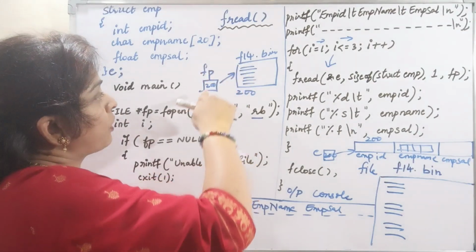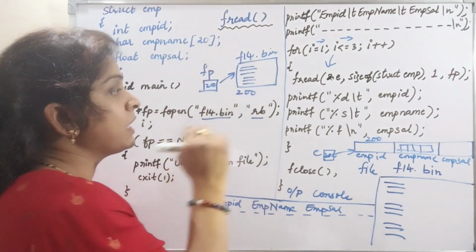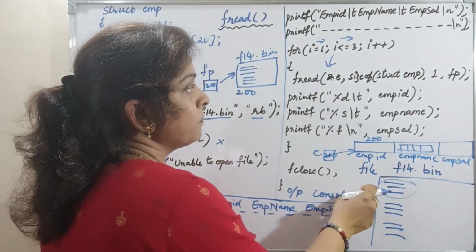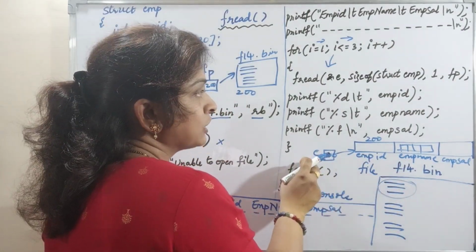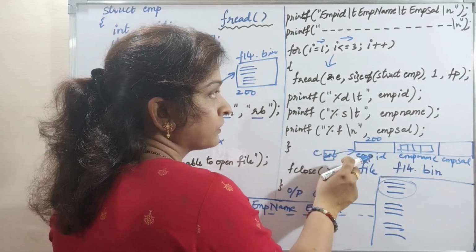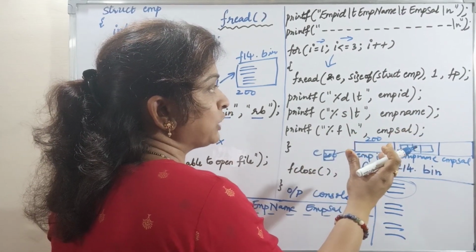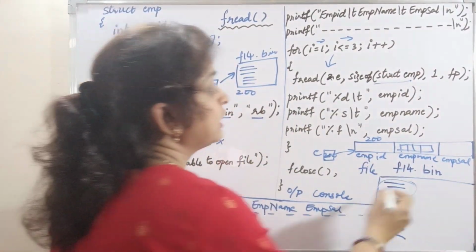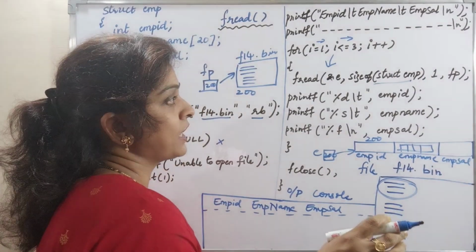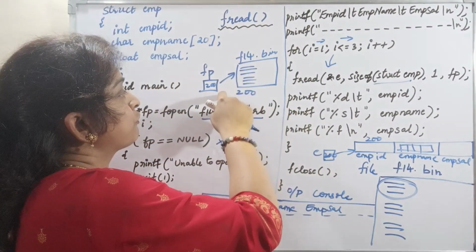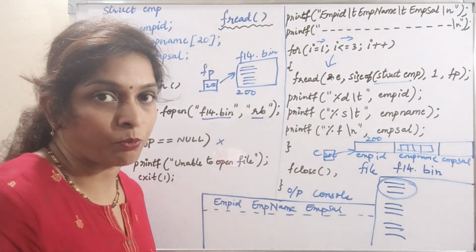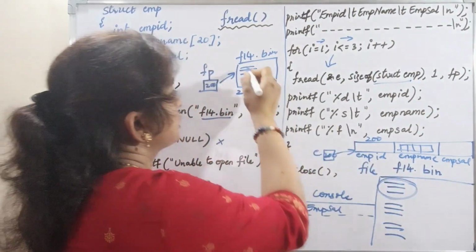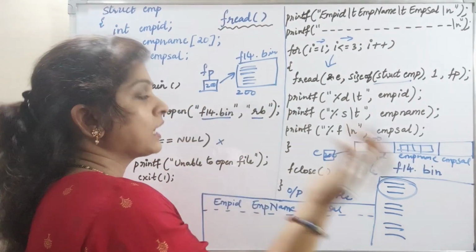So from the file pointed to by the file pointer fp, I need to read a complete block of data, and store that to the address pointed to by E, and total data that I need to collect is given by this sizeof operator, sizeof struct emp will give this total data I need to extract, that is one block of data from the file pointed to by file pointer. Hope you have understood this. So I am reading that data. So a block of data, this block of data is fetched and I need to print that.